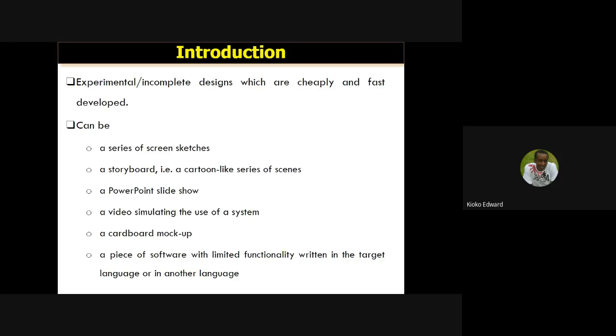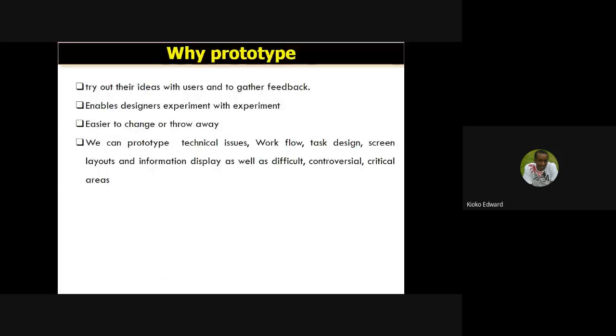So there are different ways we can use the prototype. Either we define the prototype to become the final product, or we discard that prototype and start creating the actual system based on the prototype that was accepted by the user.